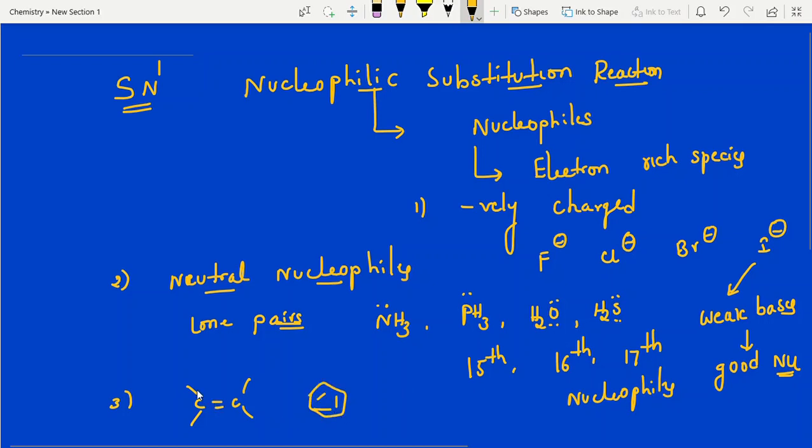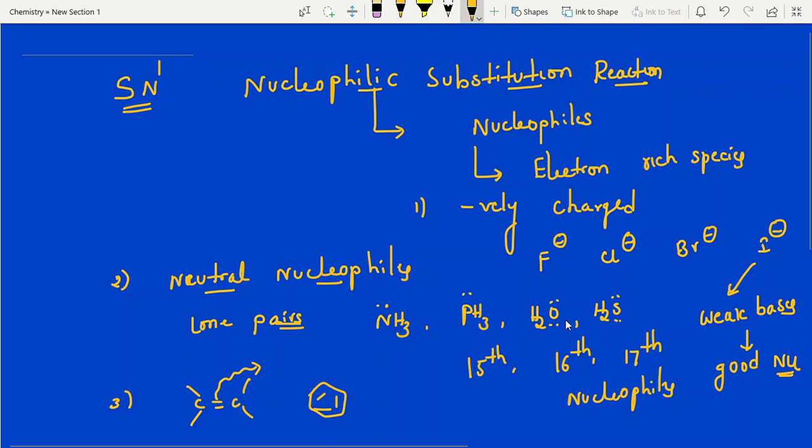See, among these, this is a sigma bond. Here two bonds means one sigma, one pi bond. But the pi bond is weak, no? So it will give electrons to others. Bond breaking and giving electrons, and bond participation is there. Giving electrons means we call it nucleophiles.